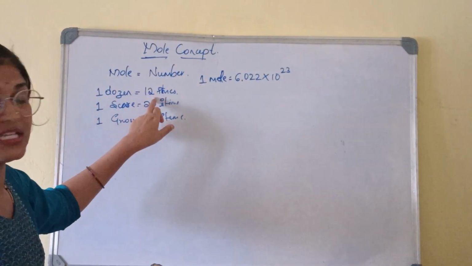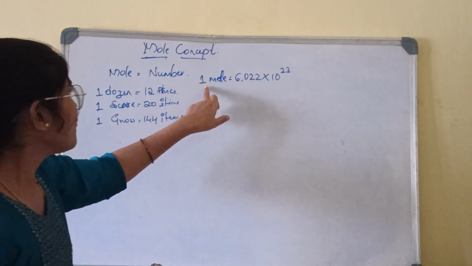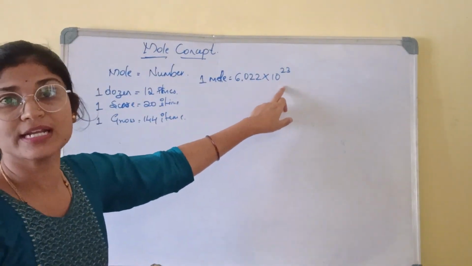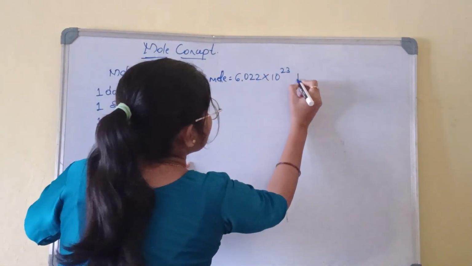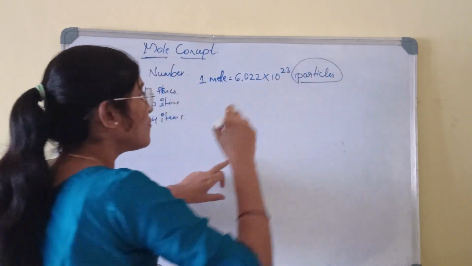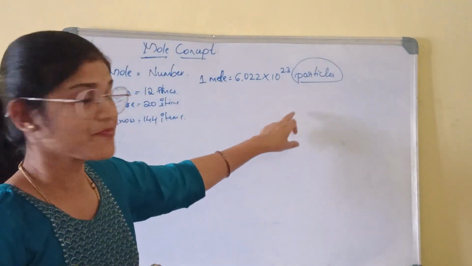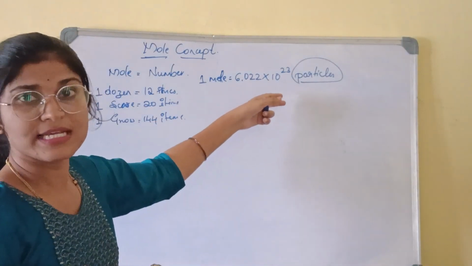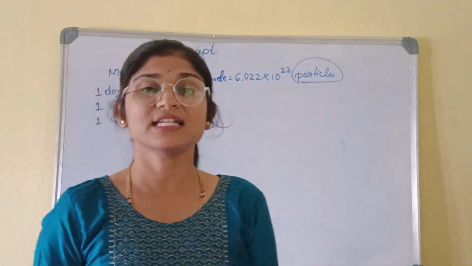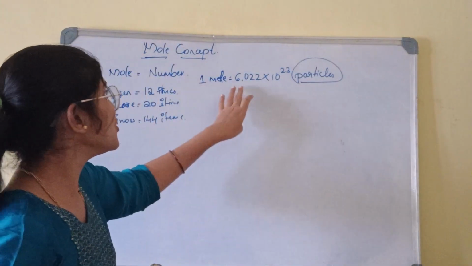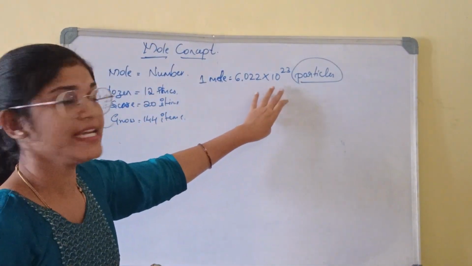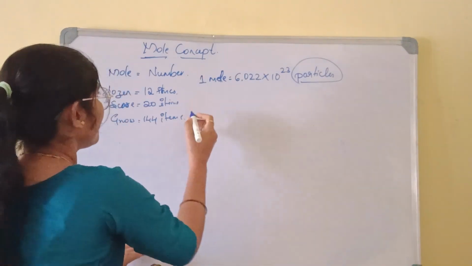Just like 1 dozen is equal to 12 items, 1 mole is equal to 6.022 into 10 to the power 23 particles. These particles may be atoms, molecules, ions, anything. And we have a definition for mole.